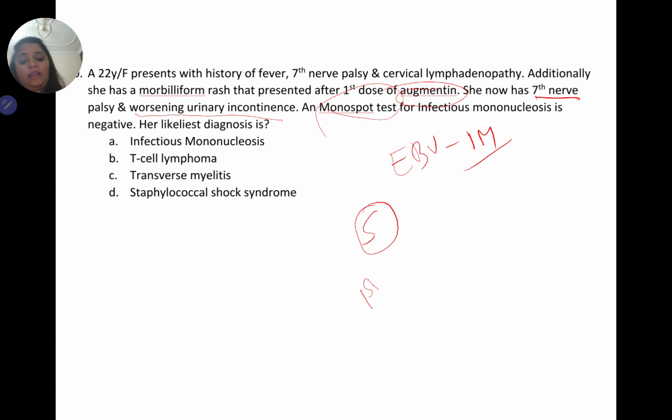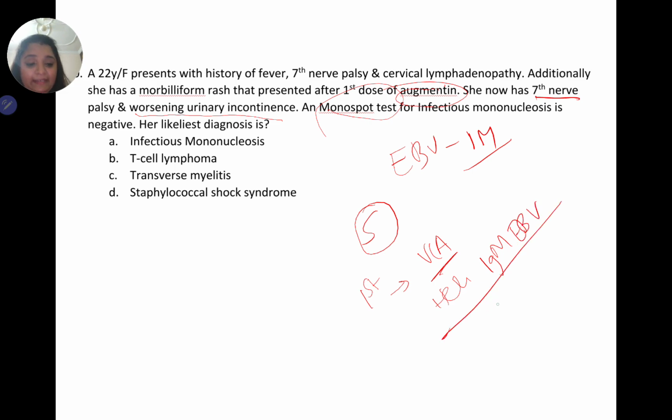The first antigen which appears is the VCA, the viral capsid antigen, and your monospot test or the Paul-Bunnell test, which detects a heterophile IgM of the EBV, usually appears later along the course, after 5 to 7 days.